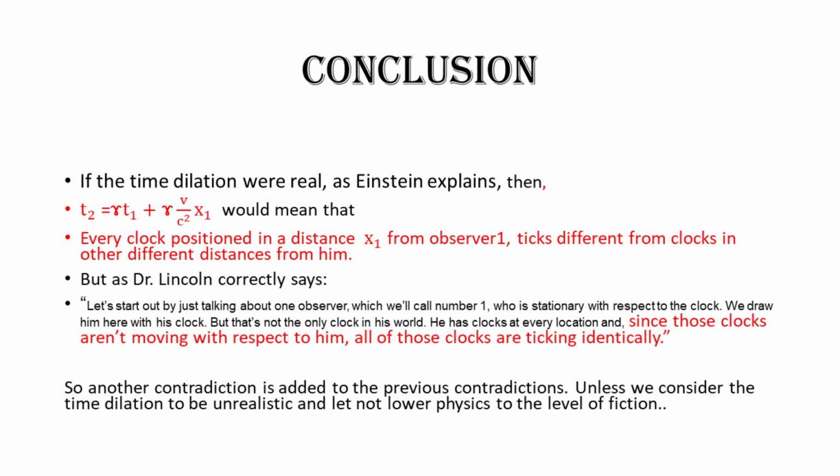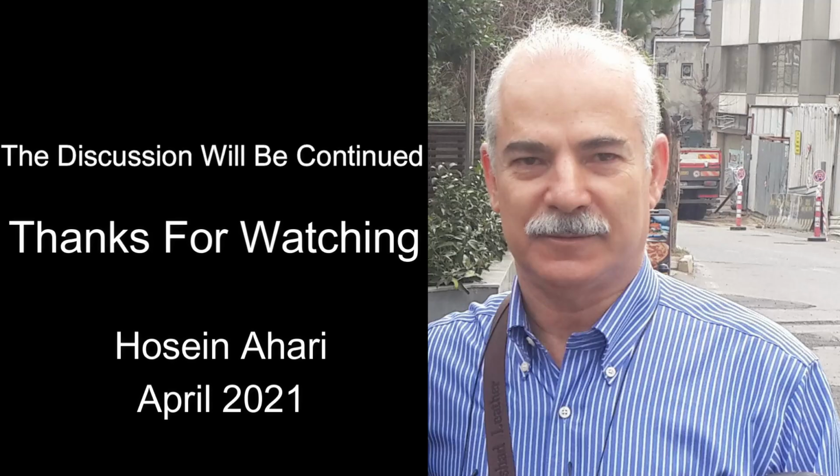He has clocks at every location, and since those clocks aren't moving with respect to him, all of those clocks are ticking identically. So another contradiction is added to the previous contradictions. Unless we consider the time dilation to be unrealistic and lower physics to the level of fiction. The discussion will be continued.